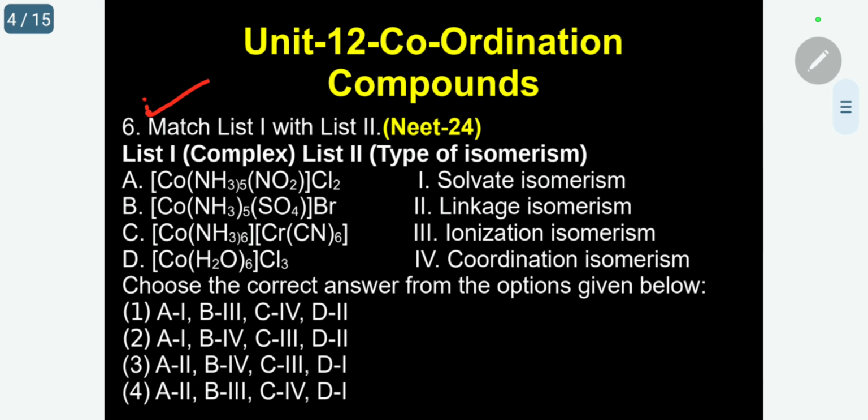It has 5 NH3 and one NO2, so this Co will be in the form of Co3+. Ammonia is a strong ligand, so it will pair the electrons. When it pairs, what will happen? I can think of d6. Kindly follow.